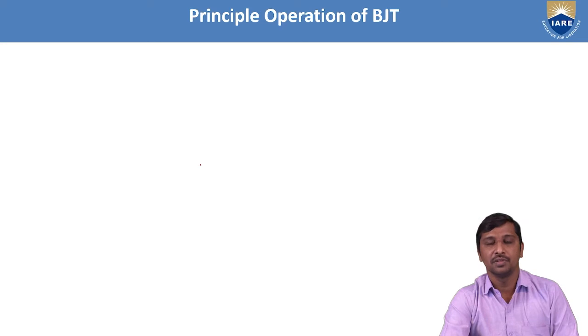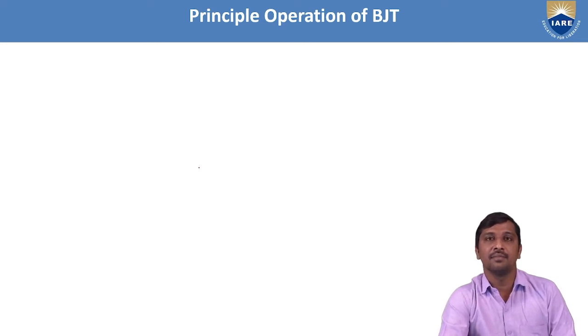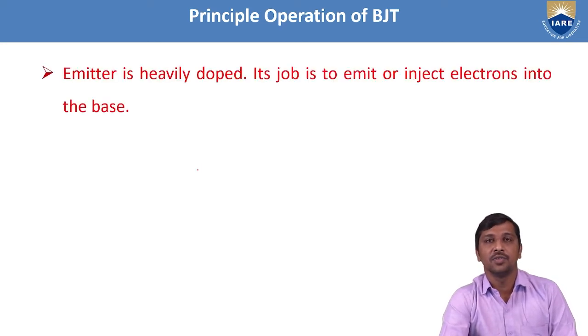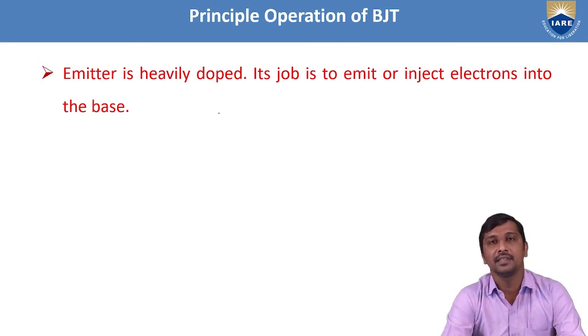Based on these three terminals, the emitter is heavily doped. Why is the emitter heavily doped? Based on the doping concentration, the emitter always emits the charge carriers to allow conduction in a bipolar junction transistor.